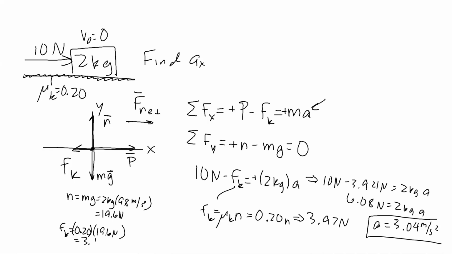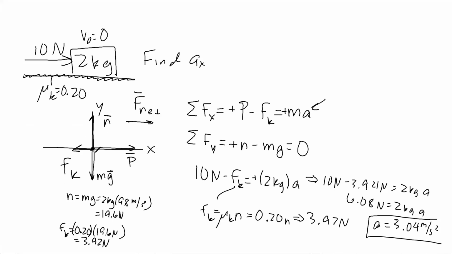Okay, and then you said that in this case, N is equal to mg, and in some cases it won't be. How will we know that? That's a good question. It'll depend on the context. I give a very general checklist.